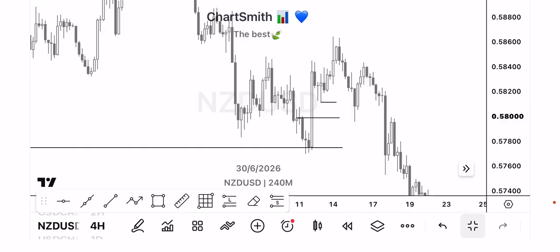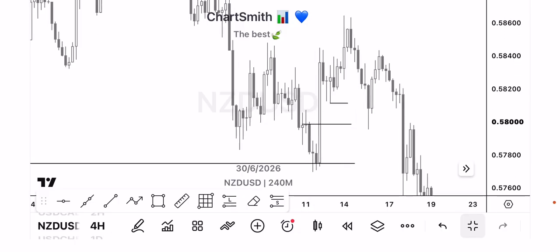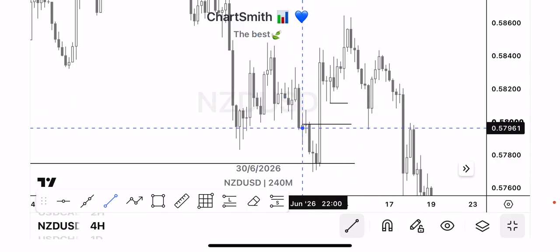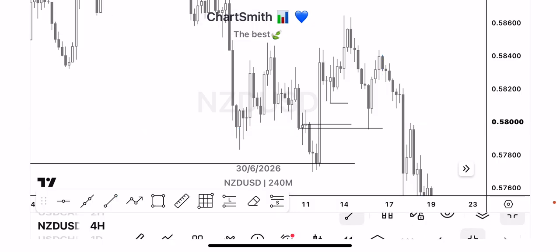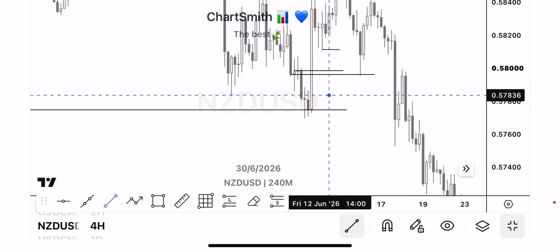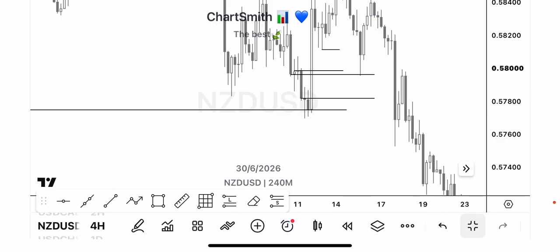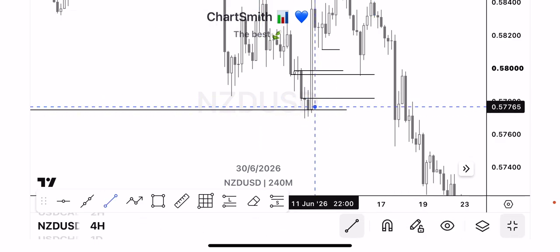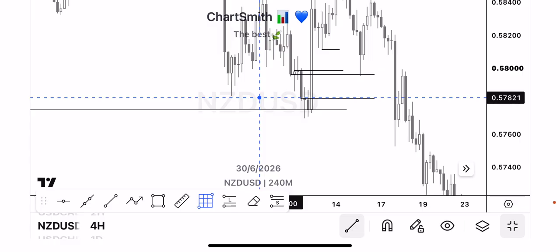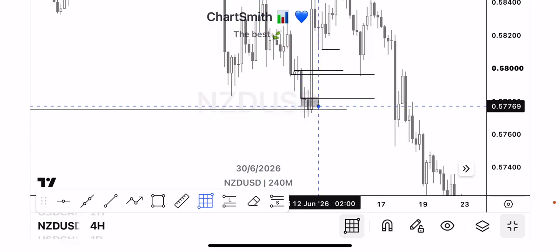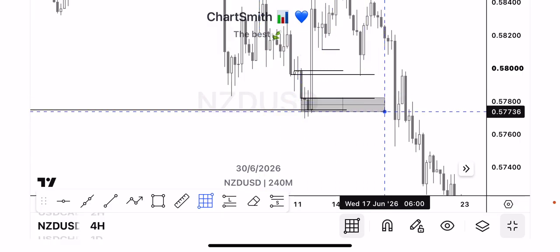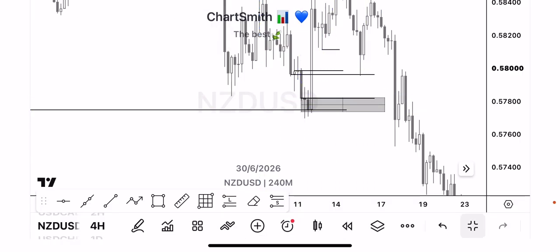So now to frame our entry, we had this V-shaped level here. We have this zone, we have this apex here, and then we also have this full order block here, which is already fresh.